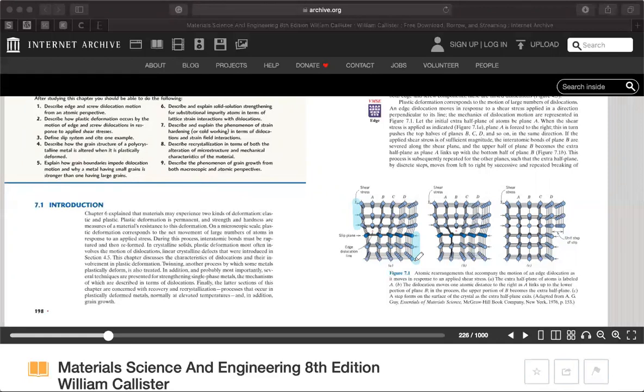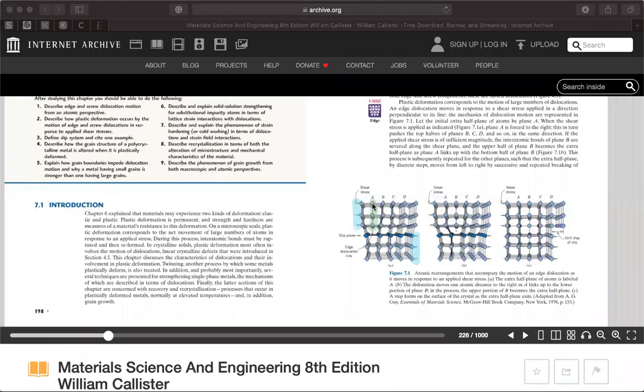In order for the edge dislocation to move, what do you need to do here inside the material? Bonds will be broken. Wonderful, great. Thanks, Ali. So, as Ali said, in order to move the dislocation, we have this extra half plane of atoms.